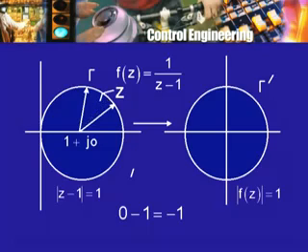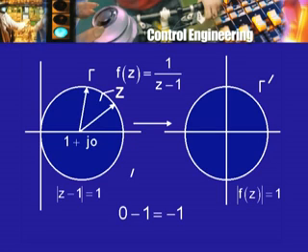So the length is just going to be 1. So the modulus of z minus 1 on this contour is just 1. So 1 divided by 1, what will be the modulus of 1 divided by z minus 1? It will be 1. So f(z) will have a constant modulus 1.